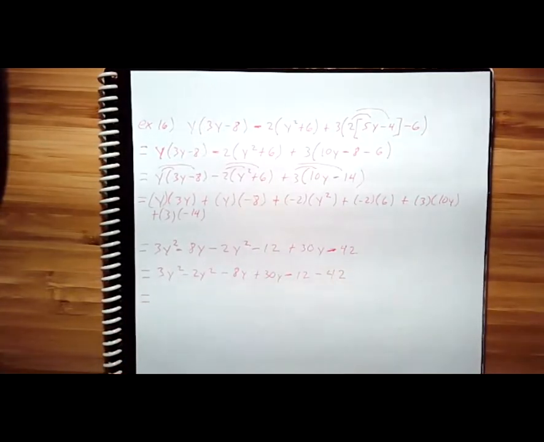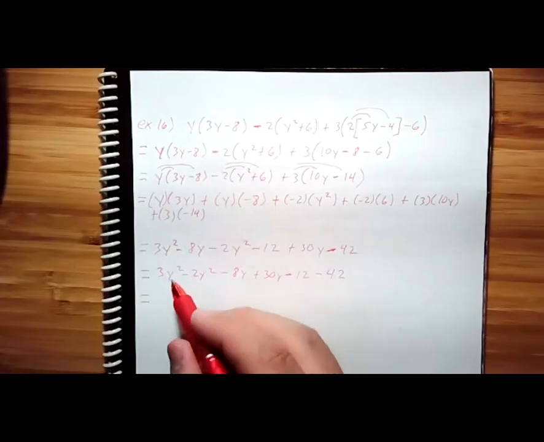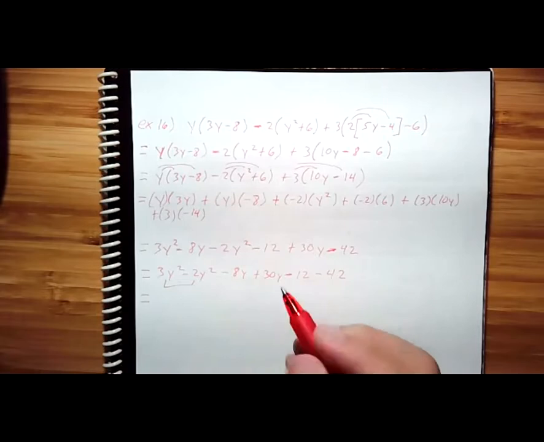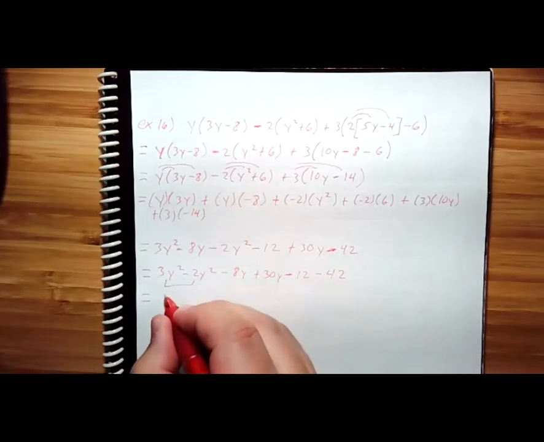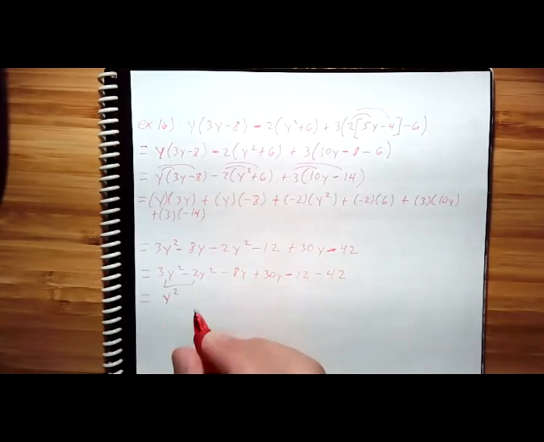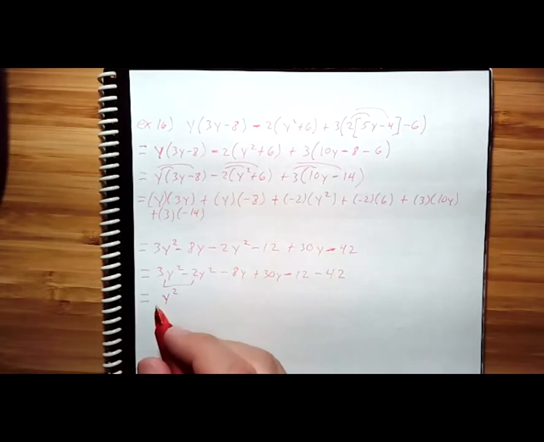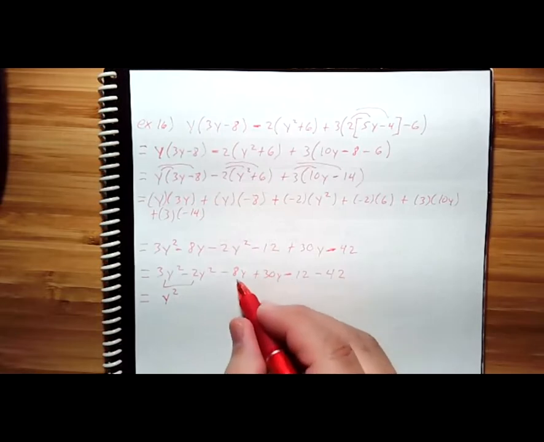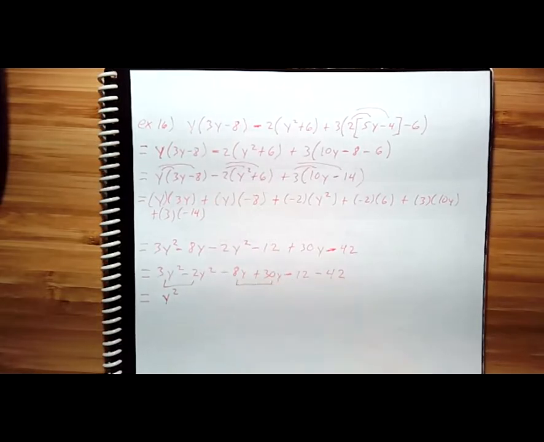Okay. So let's start combining like terms, right? 3 minus 2. Wouldn't that be y squared? Yeah, just a single, right? You could put 1 if you want to. Some people do, but it's not wrong. Most people just don't write a number. It's implied that it's a single y squared. -8 plus 30.